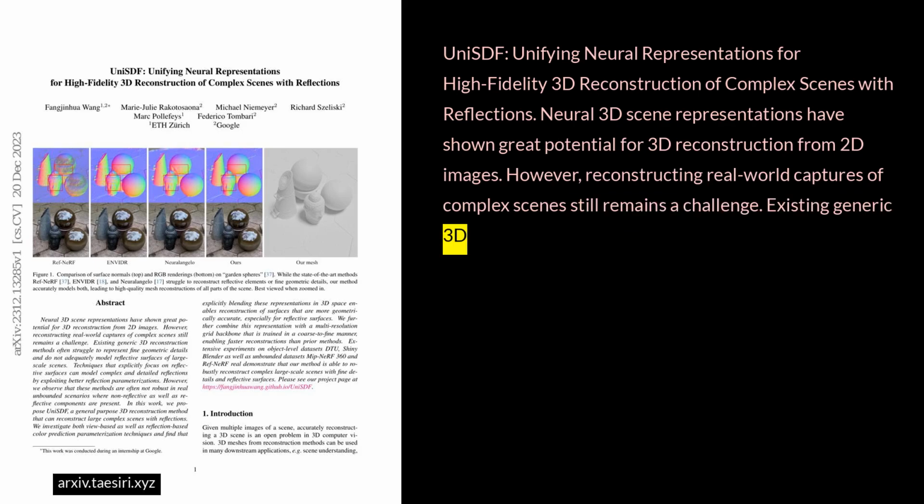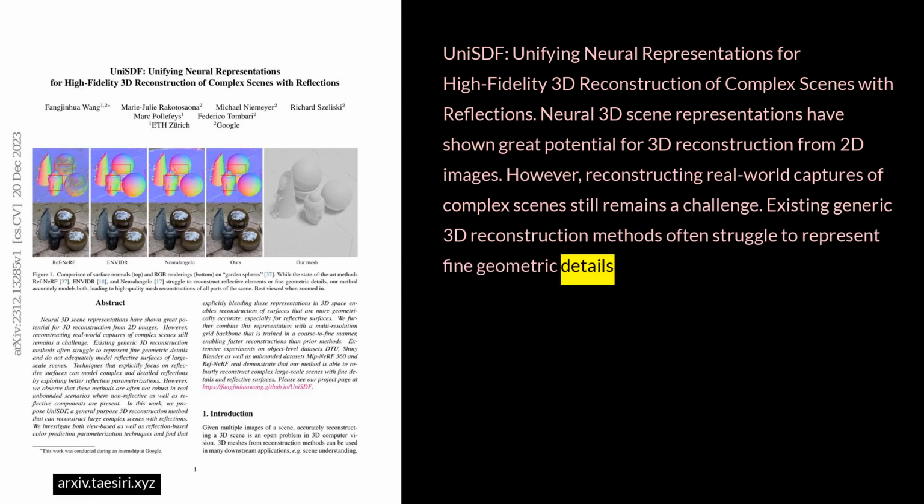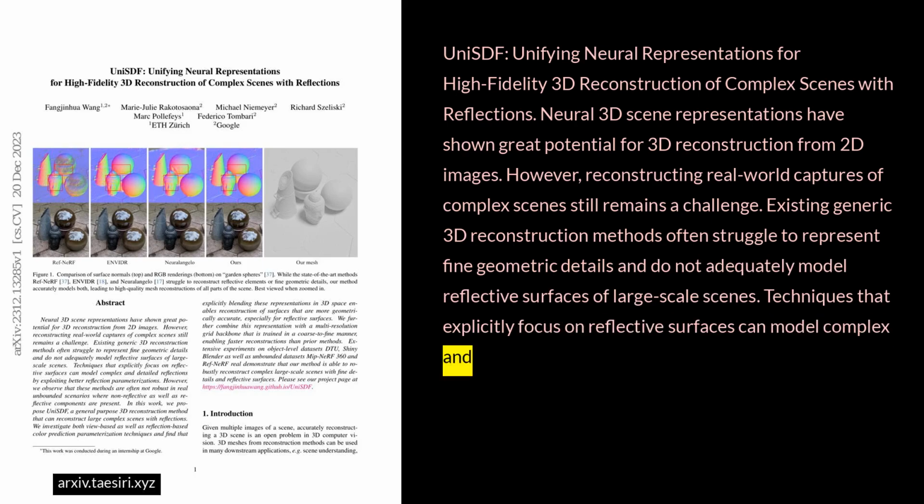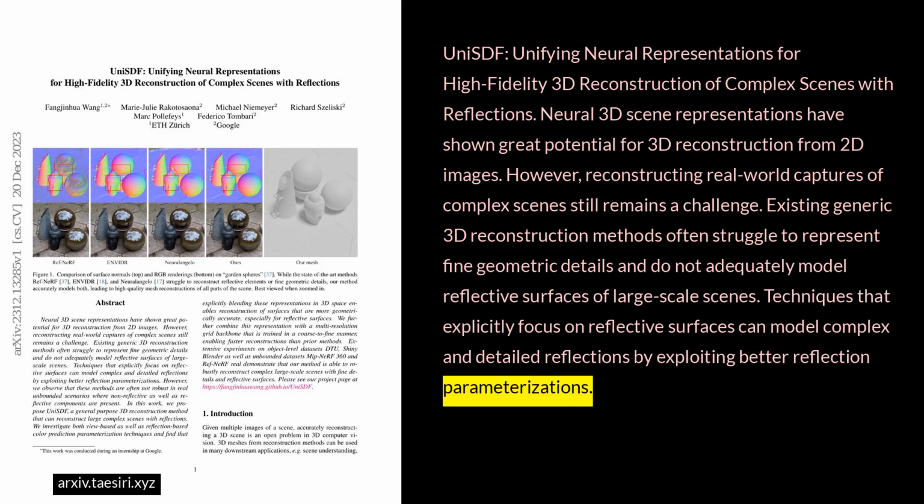Existing generic 3D reconstruction methods often struggle to represent fine geometric details and do not adequately model reflective surfaces of large-scale scenes. Techniques that explicitly focus on reflective surfaces can model complex and detailed reflections by exploiting better reflection parameterizations.